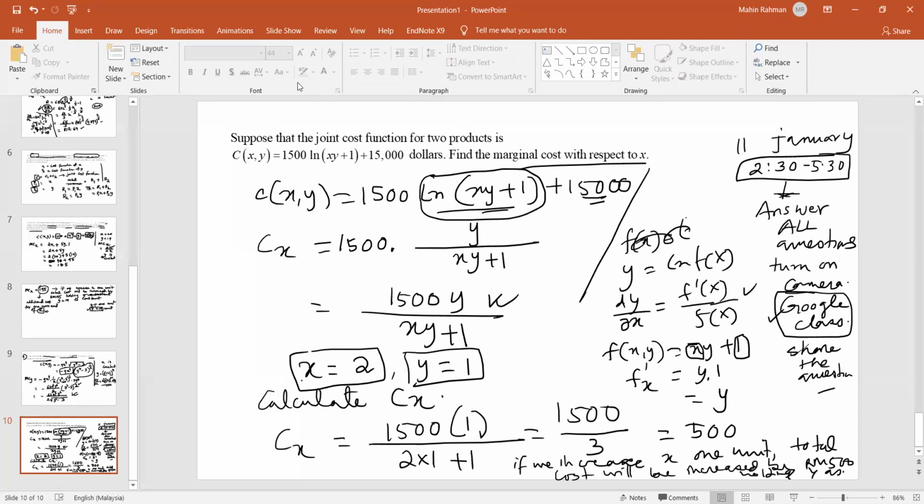So that is called the marginal cost with respect to x. Now let us go to the next question.